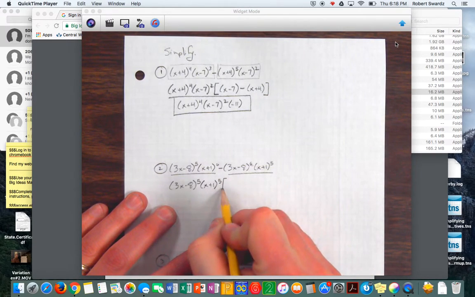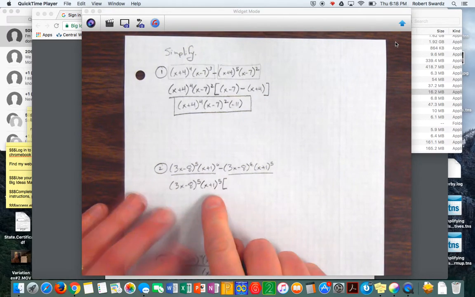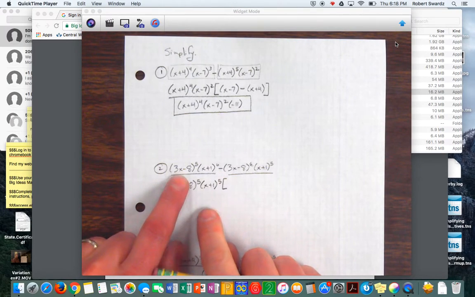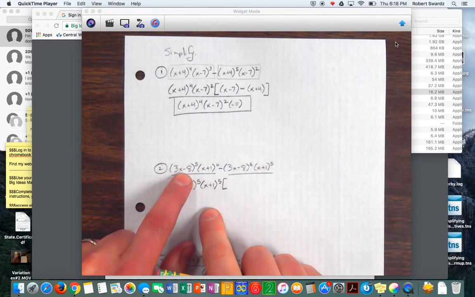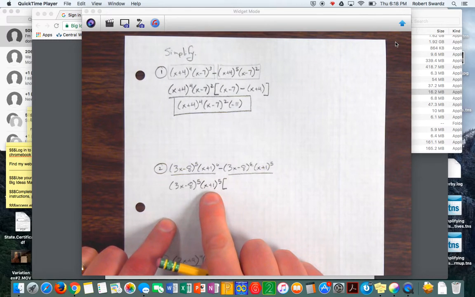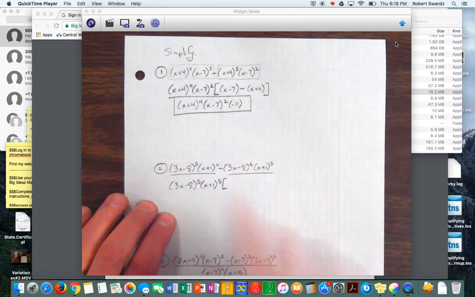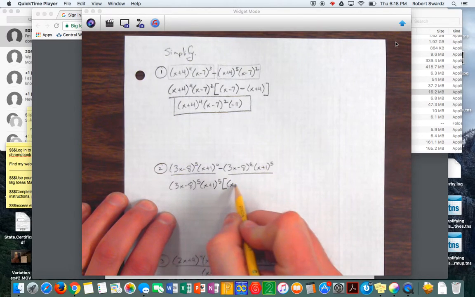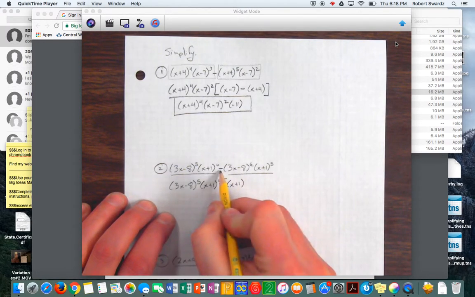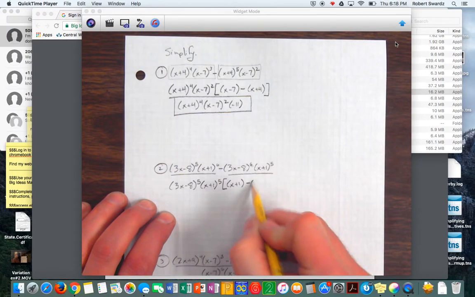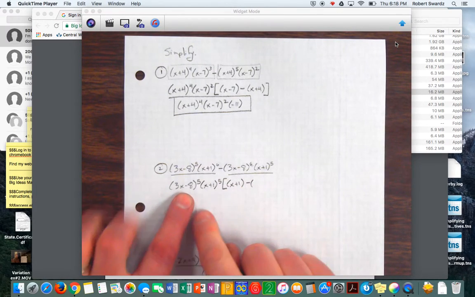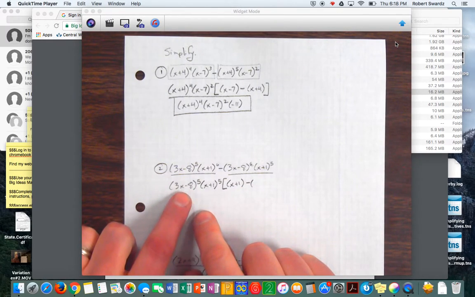So now what is left? Well, if we take out 3x minus 8 to the fifth, that's all we had here, so those are gone. We take out 5 of those x plus 1s from here, leaving us with an x plus 1. Well, this is minus, so minus here. Now we took out 3x minus 8 to the fifth. We took out 5 of those.